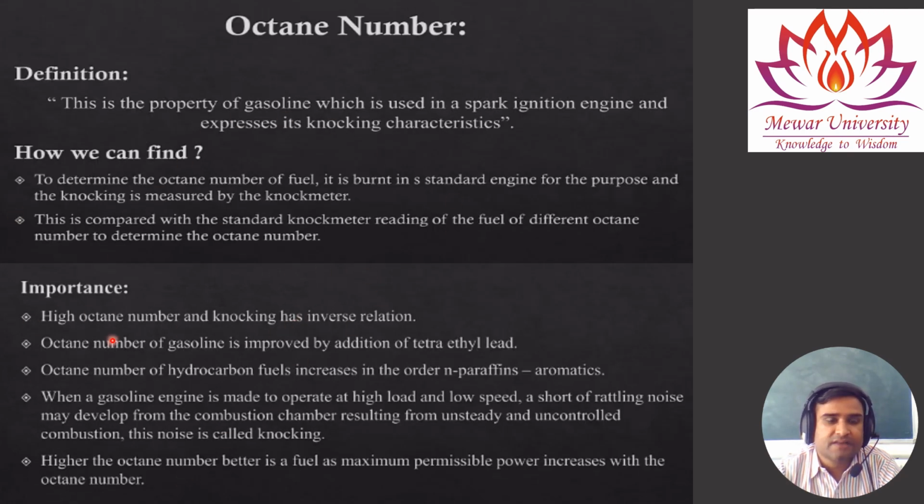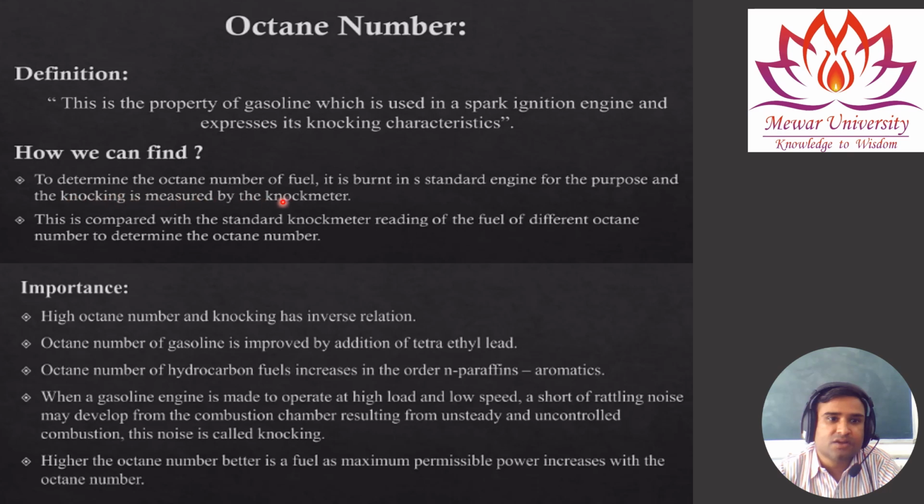Next, we have octane number. Octane number is the property of gasoline used in a spark ignition engine, and it expresses its knocking characteristics. How can you find it out?